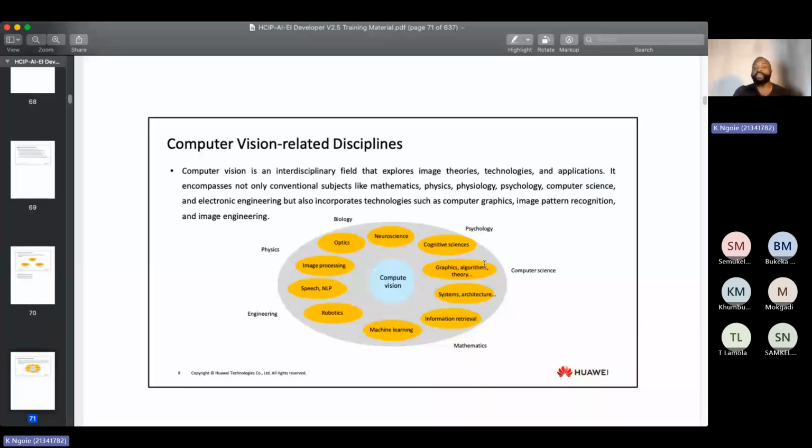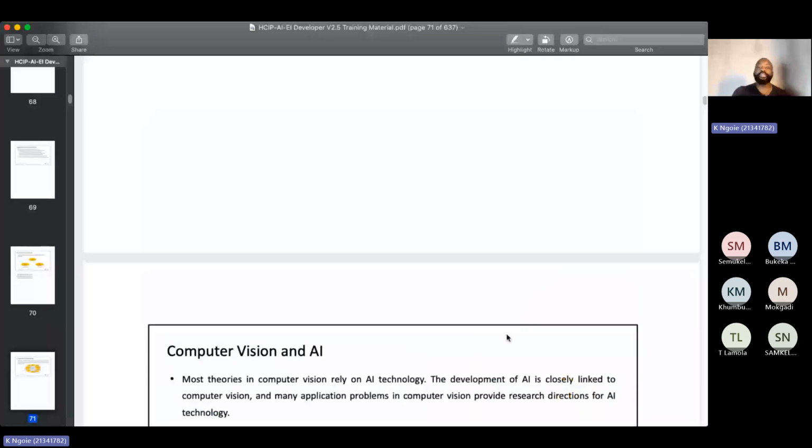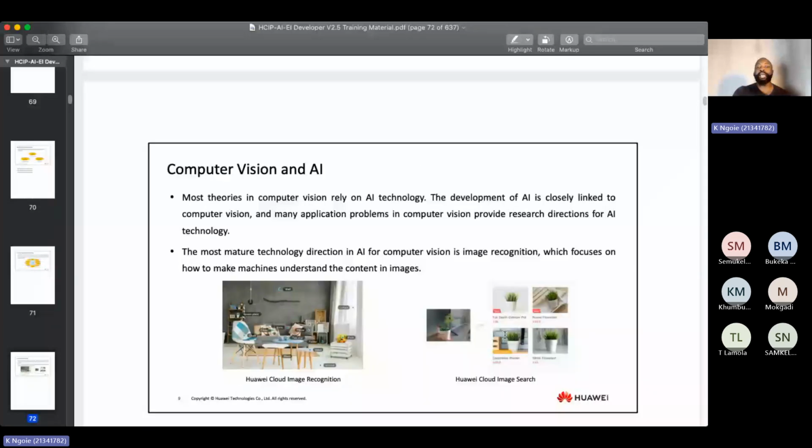So you have graphics algorithms, information retrieval, machine learning, robotics, speech, natural language processing. So you have many disciplines that get involved there, from many sciences such as biology, physics, engineering, mathematics. So all these come together to create these tools that will be applied in computer vision technology.